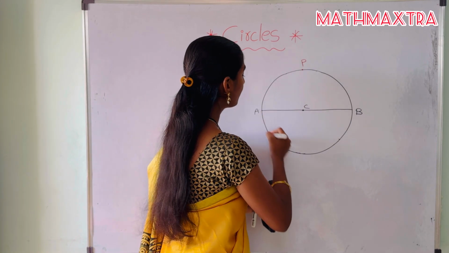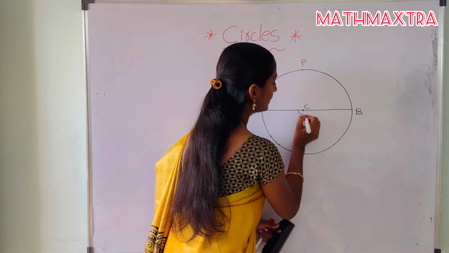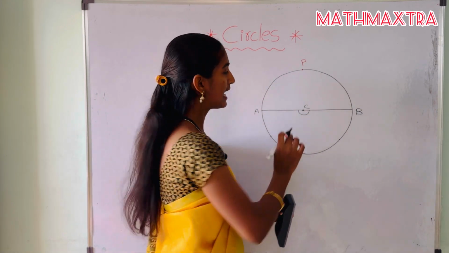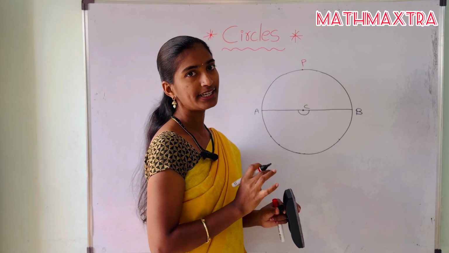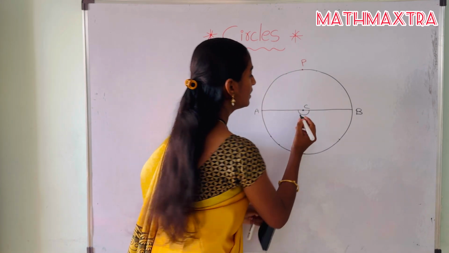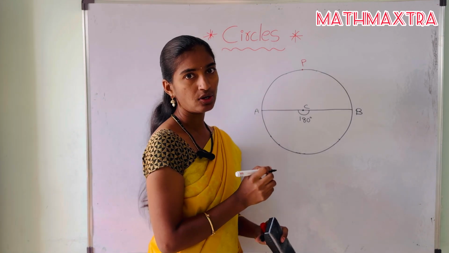This semicircle subtends an angle at the center. What is the angle here? As we saw in the last properties, a semicircle subtends an angle of 180 degrees at the center. So, this is 180 degrees. We know this very well.